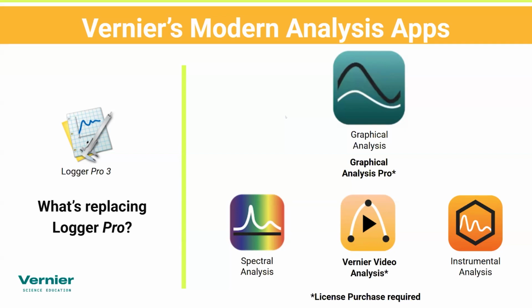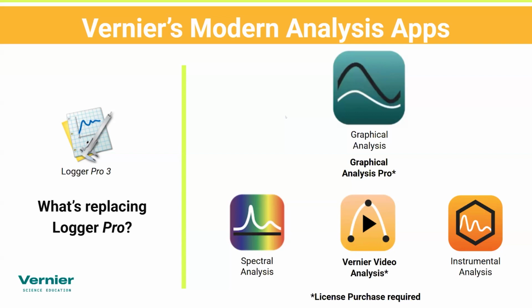And for things like spectrometers, certain instruments, and video analysis, we wouldn't even consider adding features to them because that would mean we had to carry all of Logger Pro, so we felt it was more important to split them up into more functional groups.